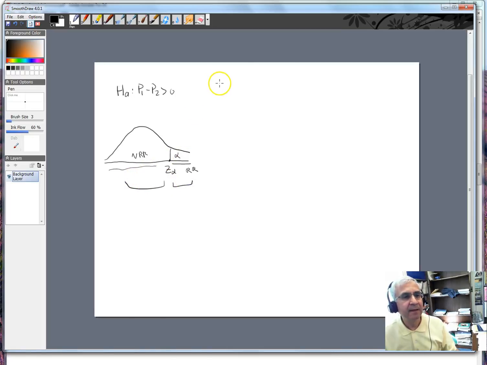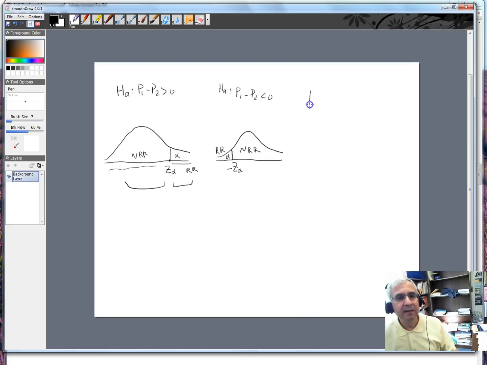And the same thing if HA is P1 minus P2 less than 0, then I would have another graph. It would be similar, except I would have negative Z alpha here, and this would be my alpha. This would be my rejection region down here, and this would be my non-rejection region. And if I have P1 minus P2 not equal to 0, then my graph is going to be like this.